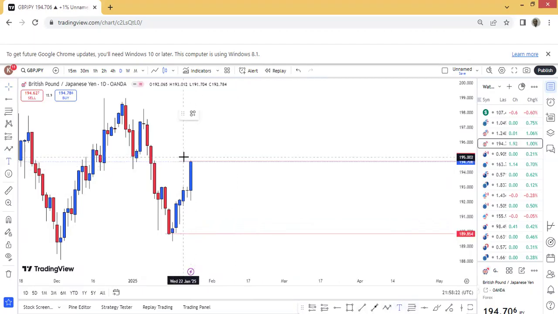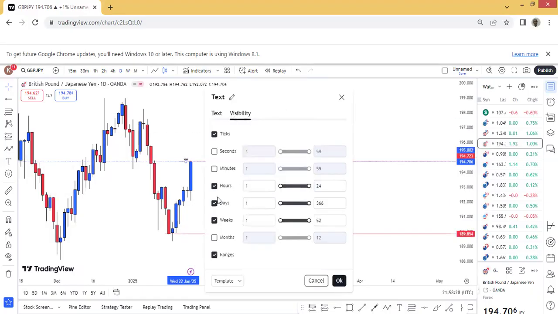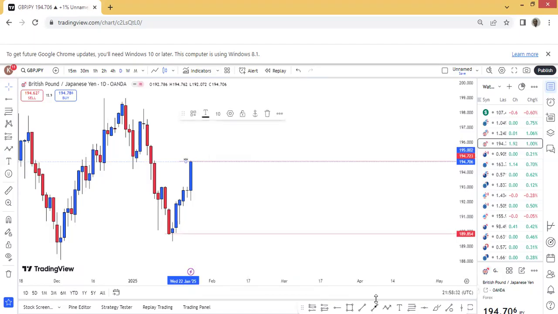Let's do our labeling. It's very important. So we formed a higher high and higher low. Okay. But on the weekly we are bearish.